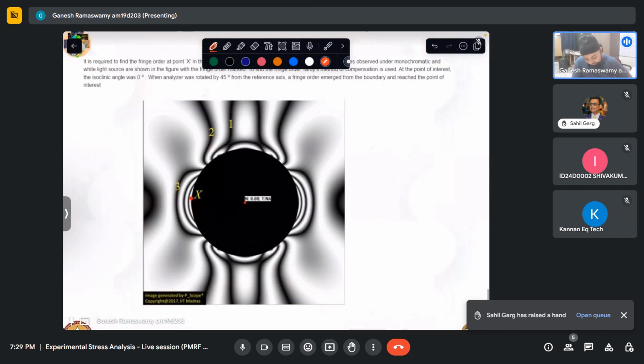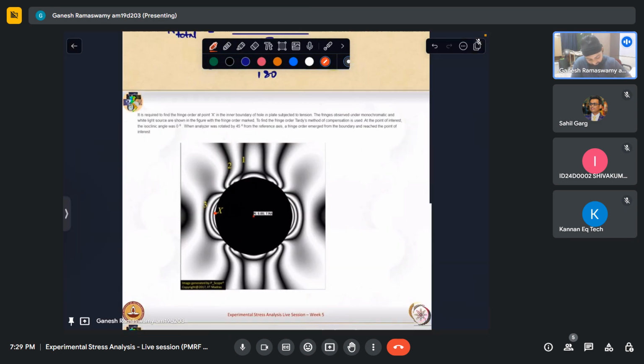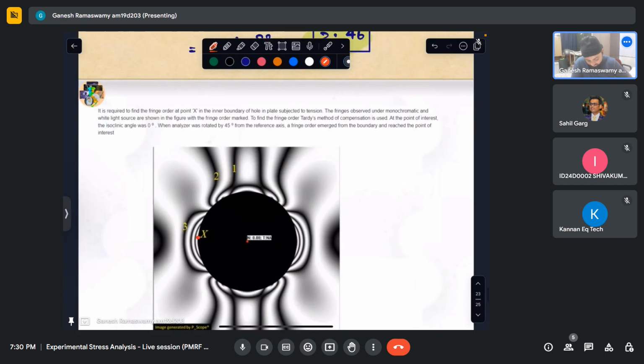It is required to find the fringe order at point X. At this point, it is required to find the fringe order in the boundary of a hole in a plate subjected to tension. The fringes observed under monochromatic and white light source are shown in the figure. Perhaps only one is shown.